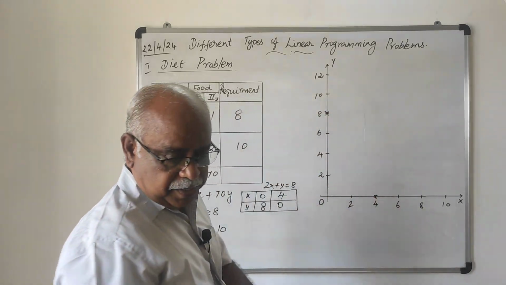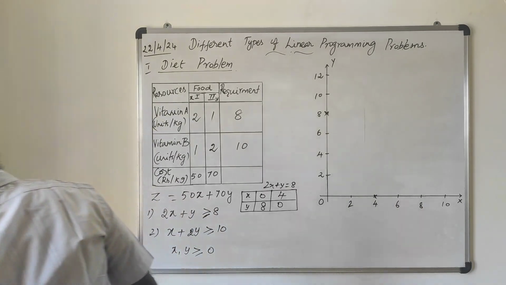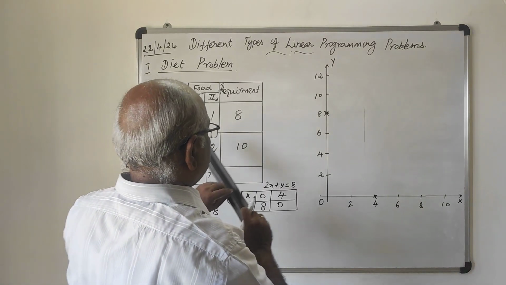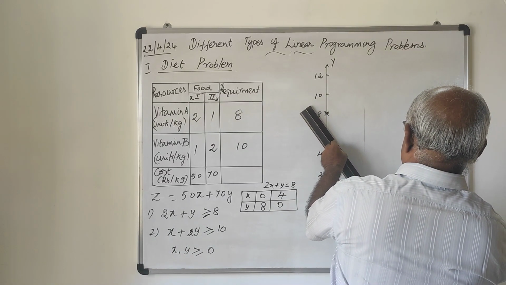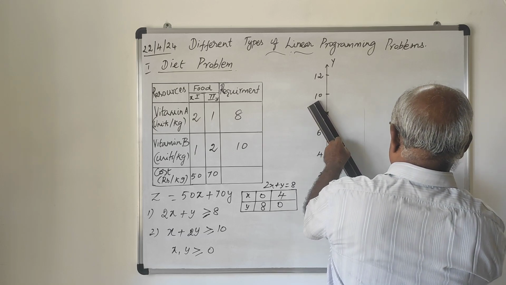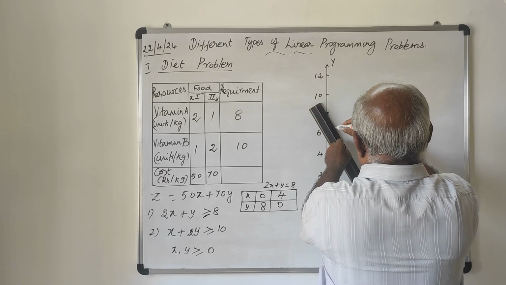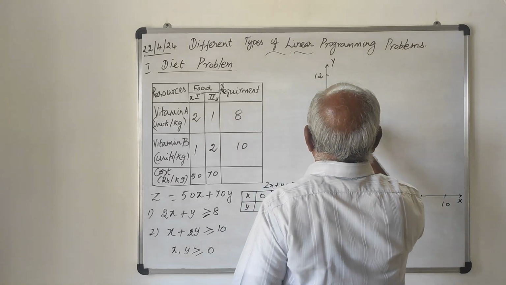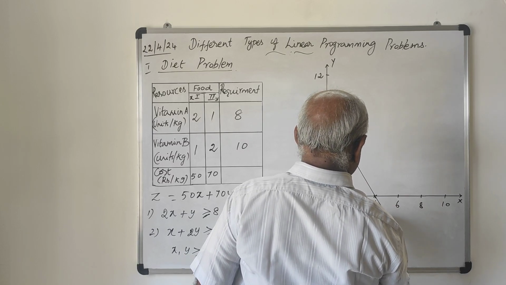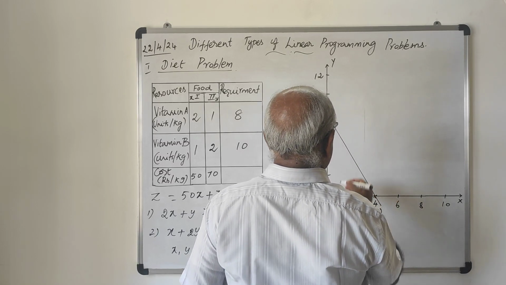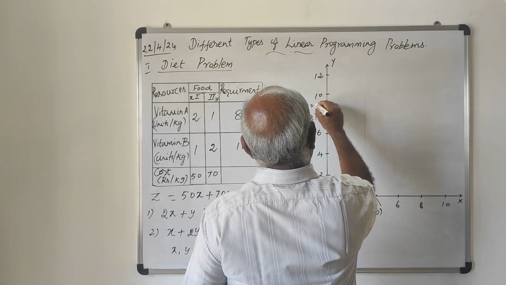Now joining these two points, we will get the first line of the inequality, 2x plus y equal to 8.